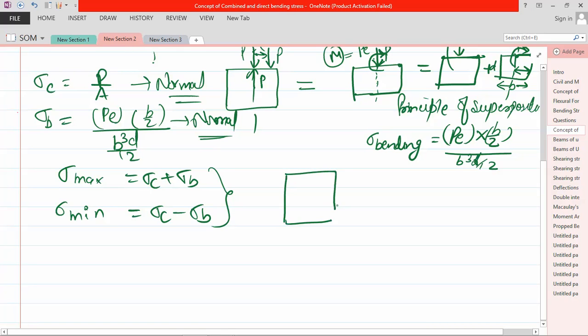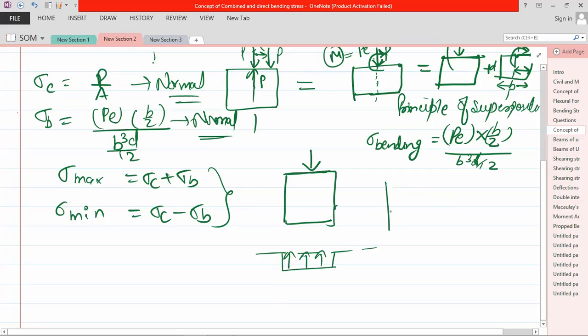this is your body and you are applying P load here. So the whole section is in compression. Suppose this is your reference line. So this is a stress diagram. The whole section is in compression, resisting like this.